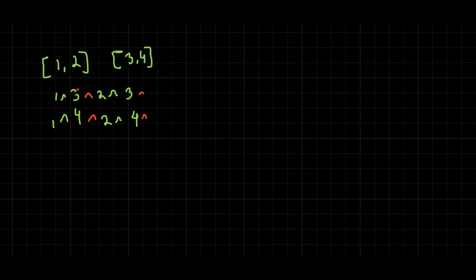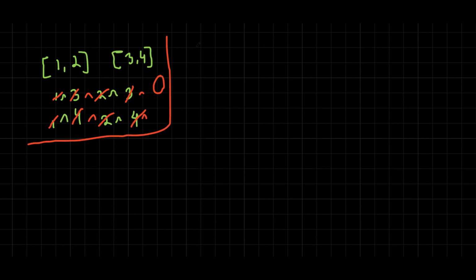So here 1 XOR 3 is here, another 1 XOR 3 is here, their XOR will be 0. This 4 XOR will be 0, this 2 XOR will be 0, and this 1 XOR will be 0. That means one intuition is that if the length of both the first and the second array is even, in those kinds of cases, the output will be 0. This is one intuition. Okay, so far so good.